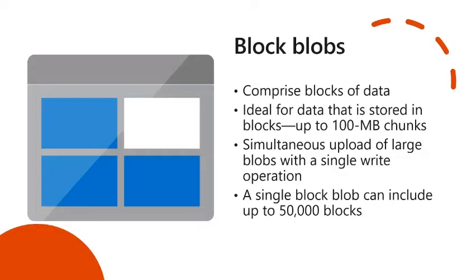Each block can be a different size, up to a maximum of 100 megabytes, 4 MB for requests using REST versions before 2016, and the maximum size of a block blob is therefore slightly more than 4.75 terabytes, or 100 MB multiplied by 50,000 blocks, a lot.